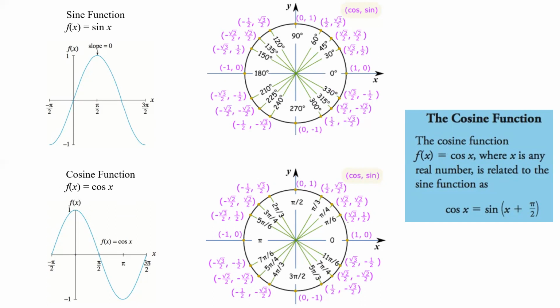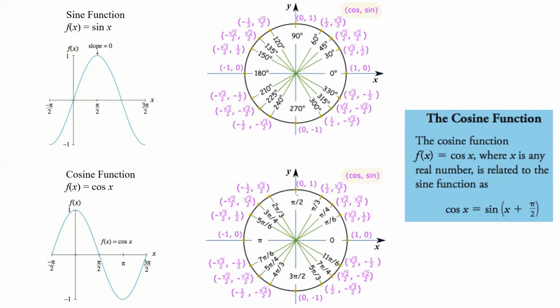What happens is the cosine of 0 radians is 1, so we have that point there. But the sine at 0 is 0, so that's here. Then we just move our way through and plot all these points along the way. We get the nice sine curve using the y part, and if we plot the x's, we get this function.